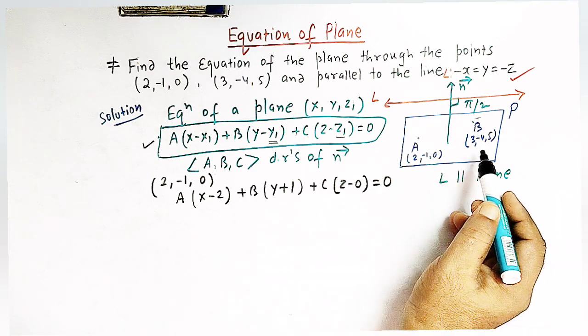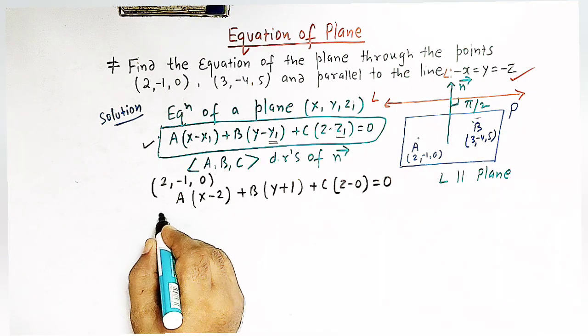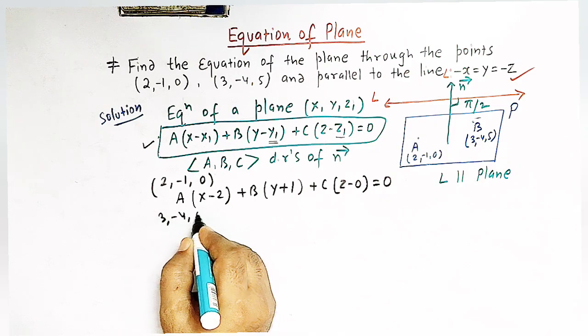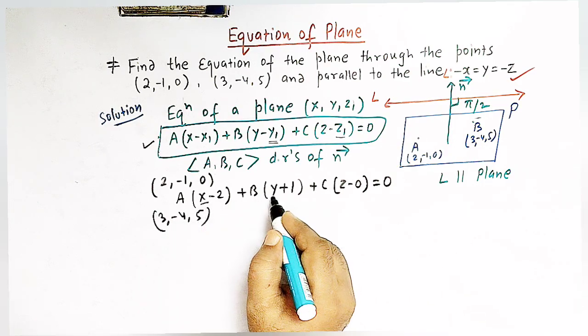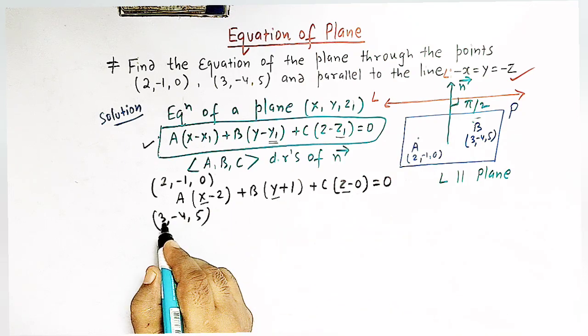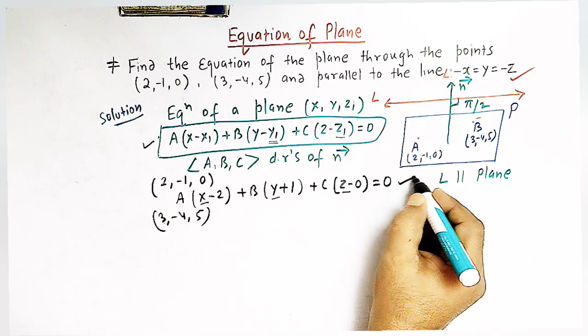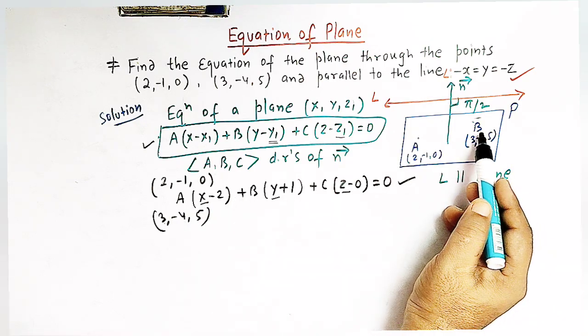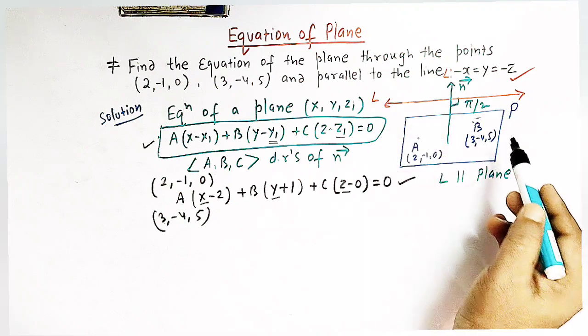Okay, now this plane also passes through this point B, that is 3 minus 4 and 5. So now let us replace x, y and z by 3 minus 4 and 5, because this equation must satisfy this point also, because this point lies on the plane.